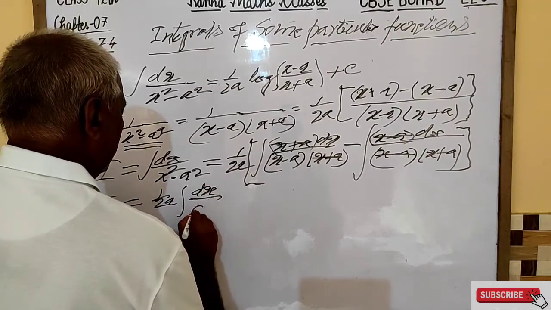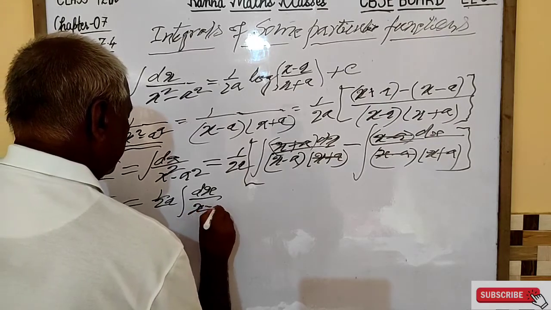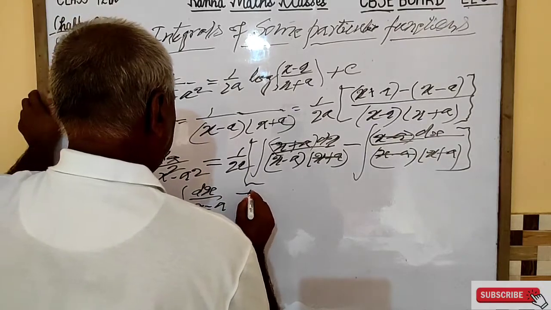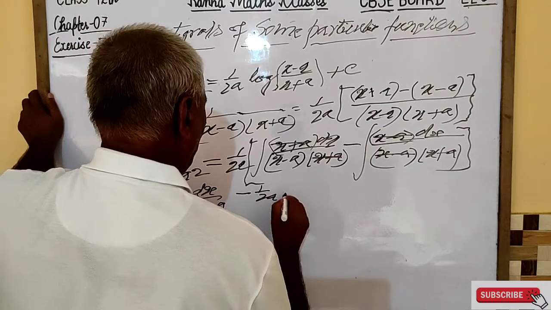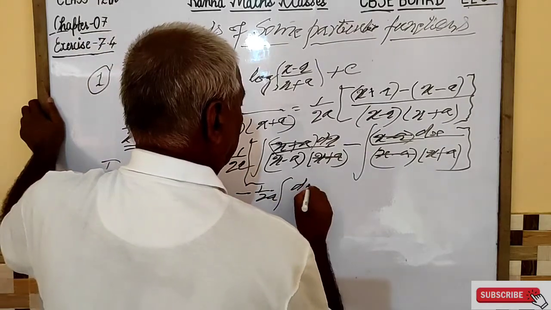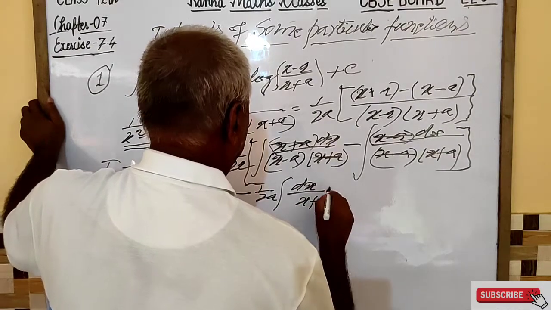full-fledged two integrals: 1 upon 2a integral dx upon x minus a minus 1 by 2a integral dx upon x plus a.